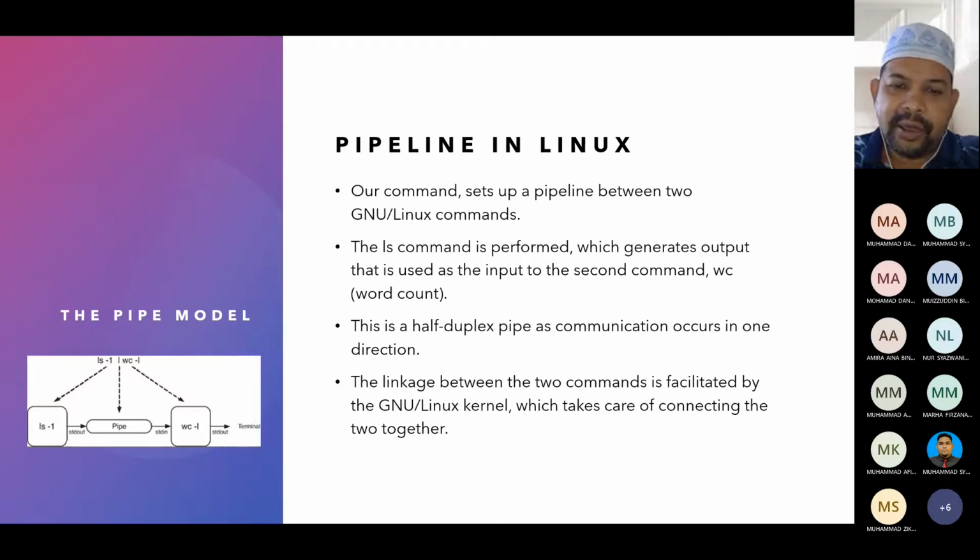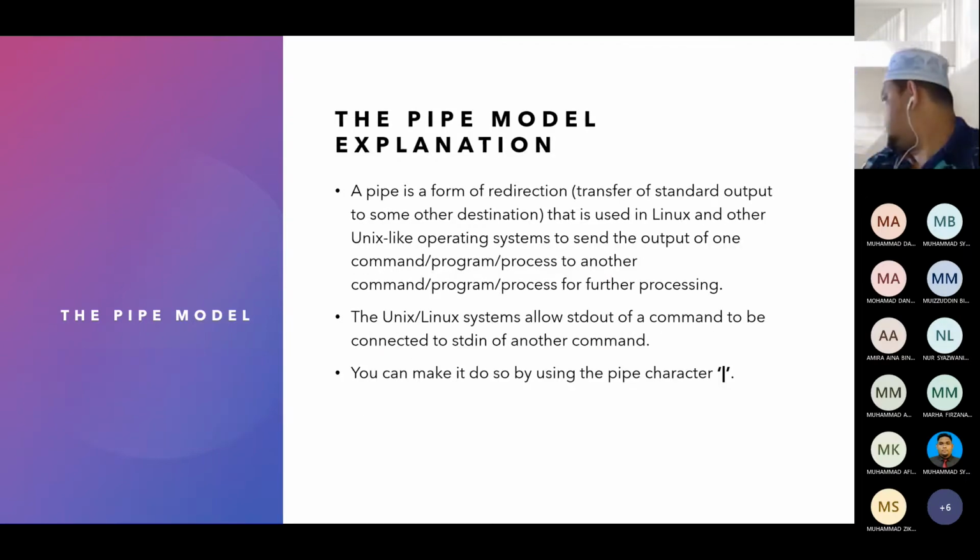Part ni adalah half duplex. Okay, so half duplex communication. So okay in one direction. The linkage between the two commands is facilitated by the GNU Linux kernel, which takes care of connecting the two together.